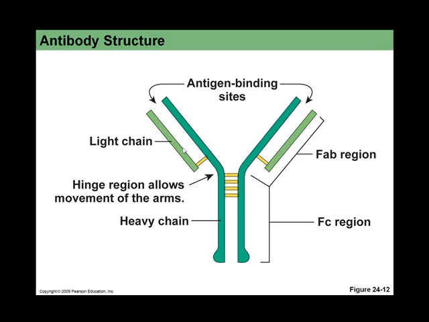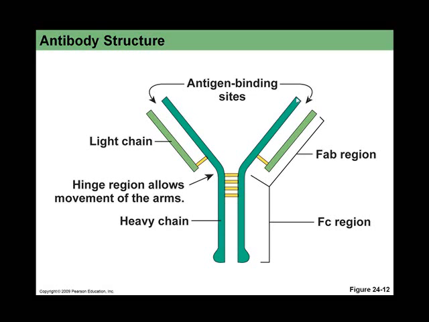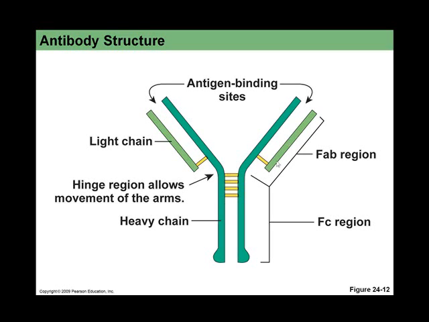So it is a hetero-tetramer. Each antibody has 2 antigen binding sites, and the light chain along with the portion of the heavy chain that has the disulfide bond holding them together forms what's called the FAB region. At the remote end of the FAB region is the antigen binding site.